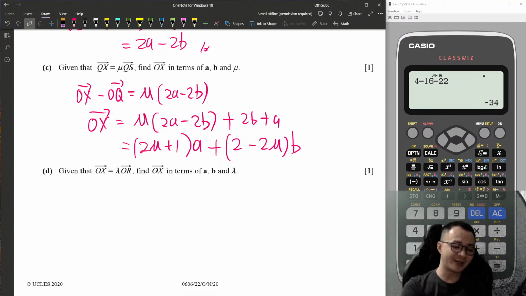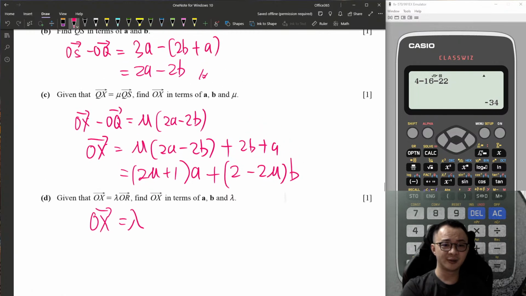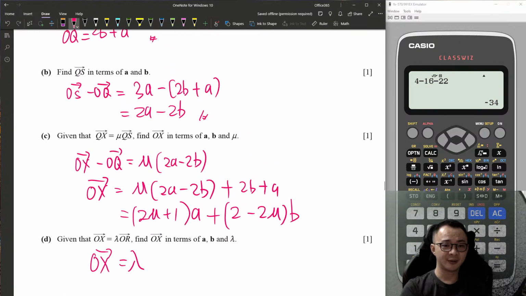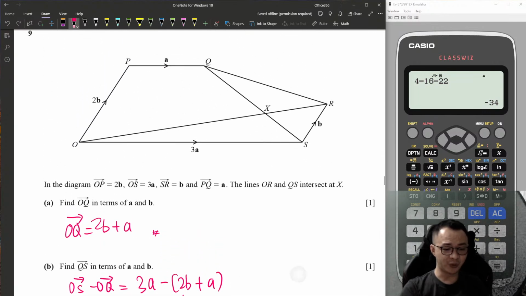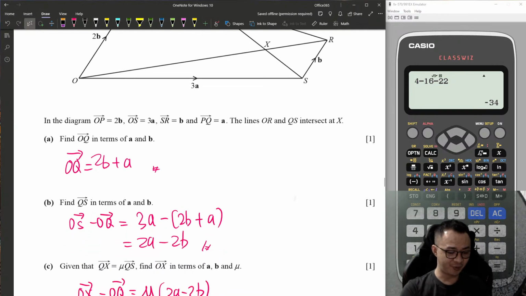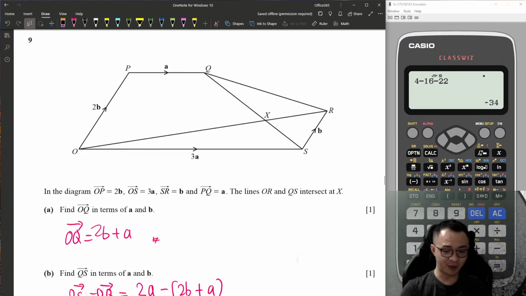Okay, given OX equals to this one, I believe we have the OR here. So what is OR, by the way? O to R, which is... Do we have Q? Do we have QR? We do have Q. Okay.